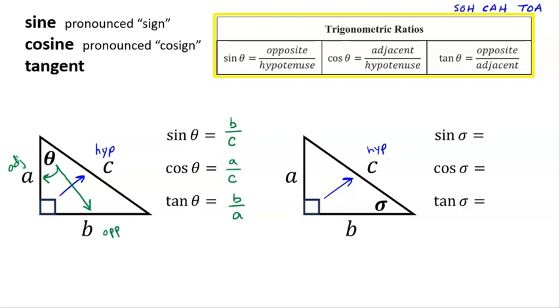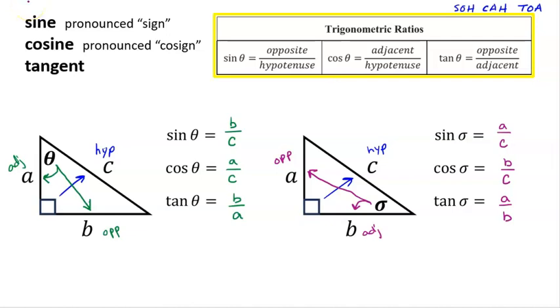But when we're looking at angle sigma, the opposite side becomes A, and the adjacent side to sigma is going to be B. So the sine of sigma is opposite over hypotenuse, so that's going to be side A over side C. For cosine of sigma, we have the adjacent side B over the hypotenuse C. And for tangent, it's going to be opposite over adjacent.